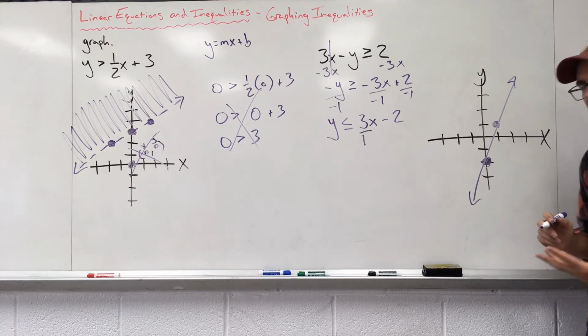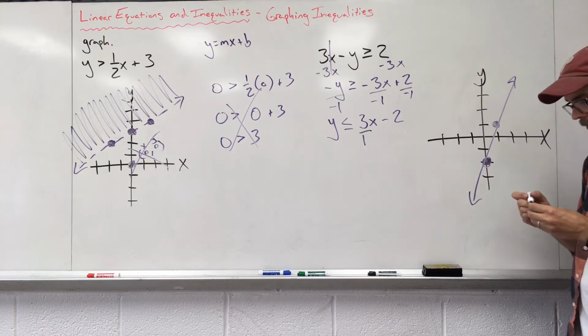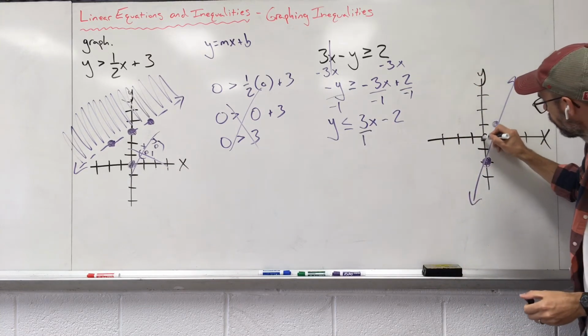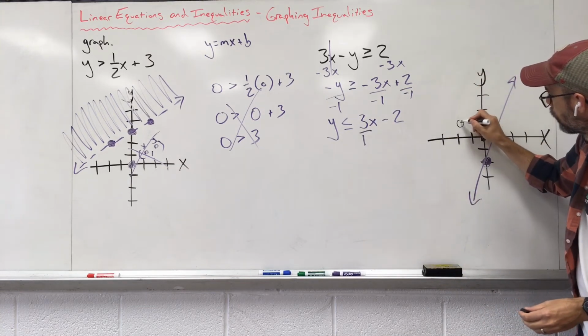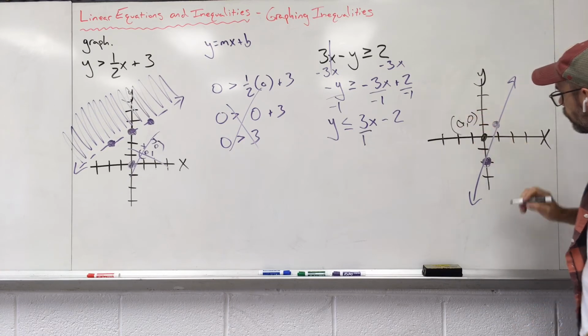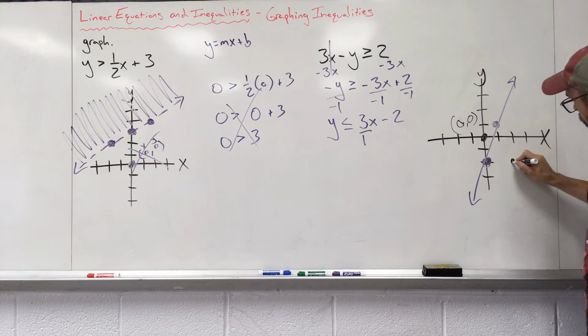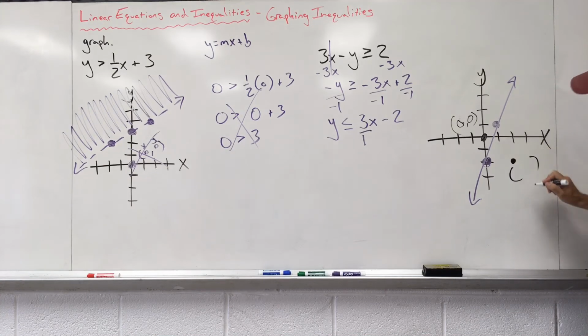In this case, I'm going to pick 2 points. Let me change colors. I'm going to take 0, 0, and how about over here, which is 2, negative 2.